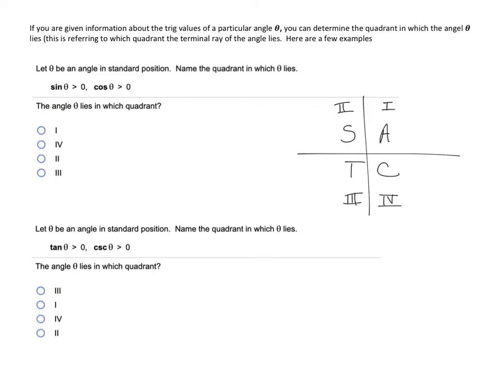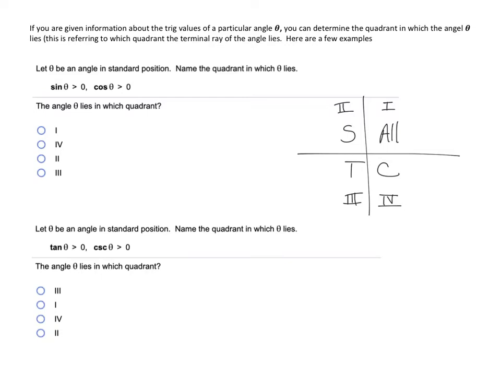In this case, this chart is great and very helpful when we're working with trig. This chart tells us in which quadrants the trig functions are positive. So for the first one, quadrant 1, the A stands for all. That means every trig function has a positive value. Any angle that has the terminal side in quadrant 1, if you took the trig value of it, it would be positive.